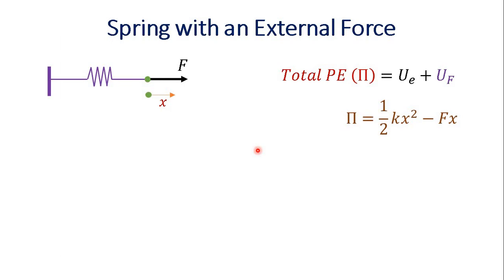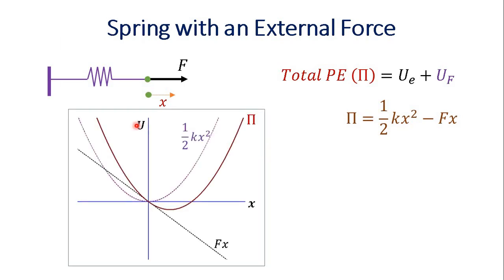I have presented the same graph here with some labels. This is negative fx, this squared function is half kx square, and this is total potential energy pi. Now we know that our system will be in stable equilibrium configuration after this displacement where the potential energy is minimum.